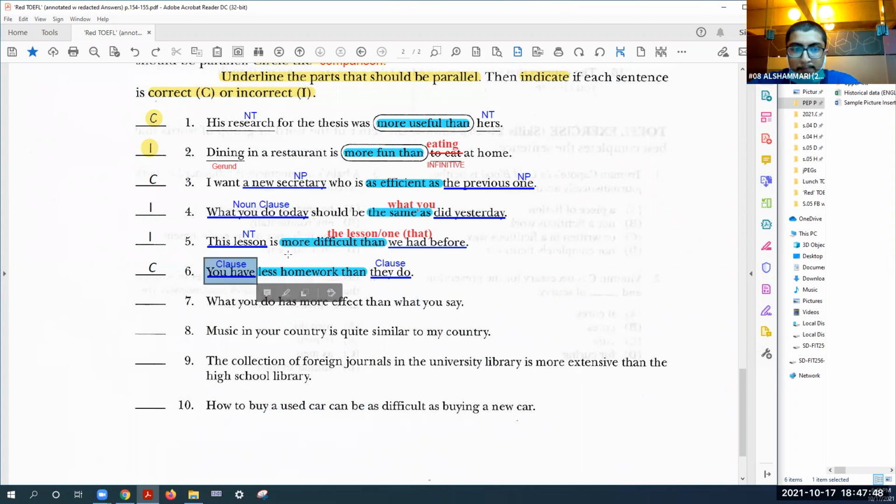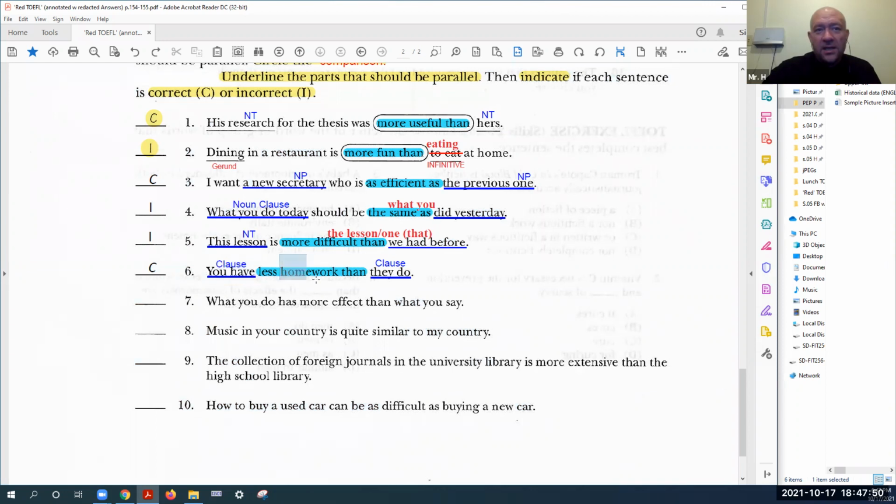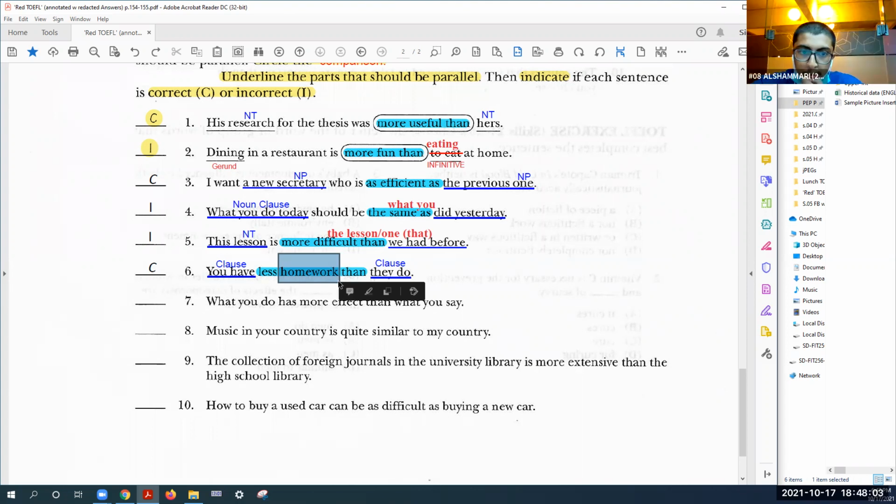Well, we're really comparing the object, right? The object of the verb you have, the object of the verb they do have. So if we compare an object, we don't need a verb. In this case, we don't, and I'm not sure that's 100%, but in this case we don't need an extra verb. All right. Okay.